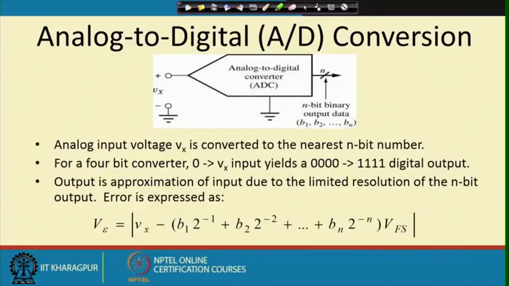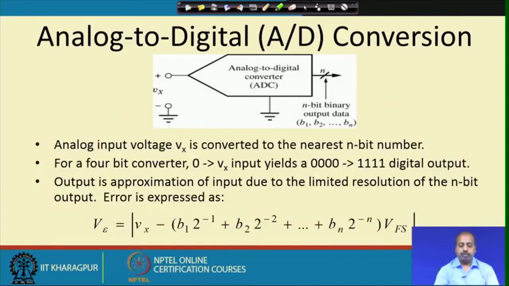However, ultimately this is the thing that we want. If we give a 0 voltage, it should give 0000. If we give Vx, the maximum possible voltage, then it should give all 1s. The output is again an approximation of the input data, due to the limited resolution of this n bit output.